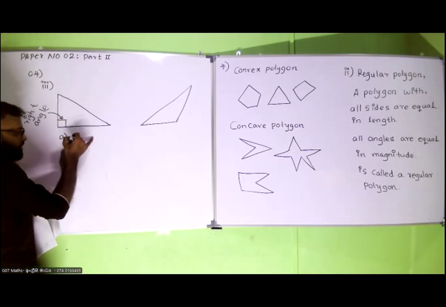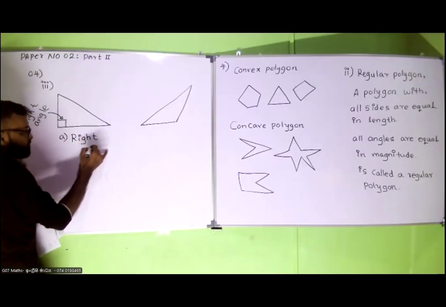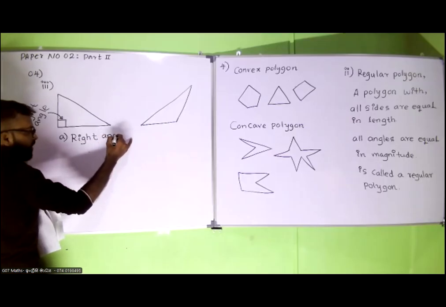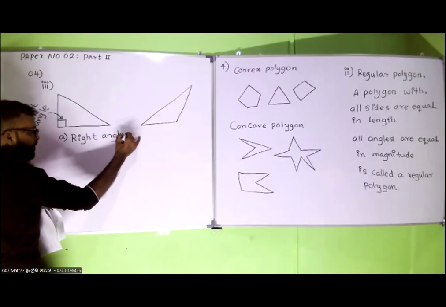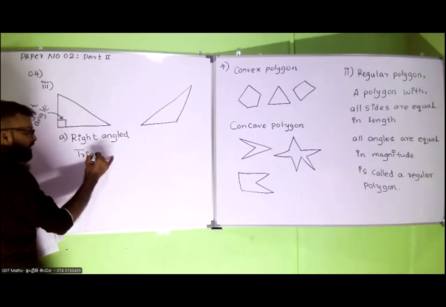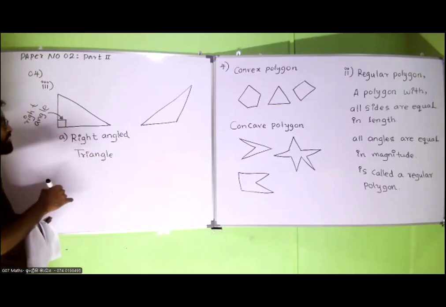So let's write: right angled triangle, because it is having a right angle of 90 degrees.